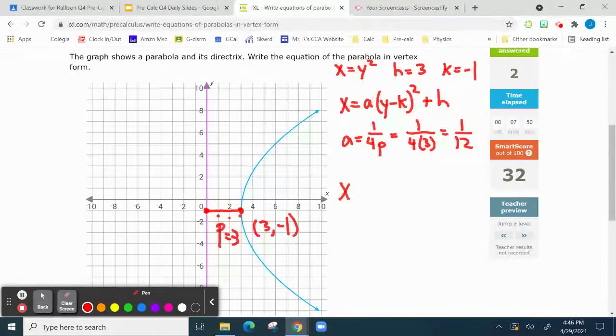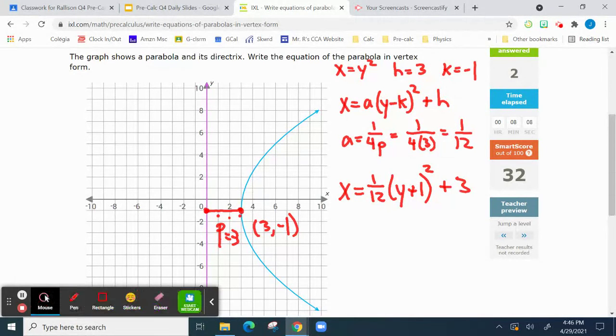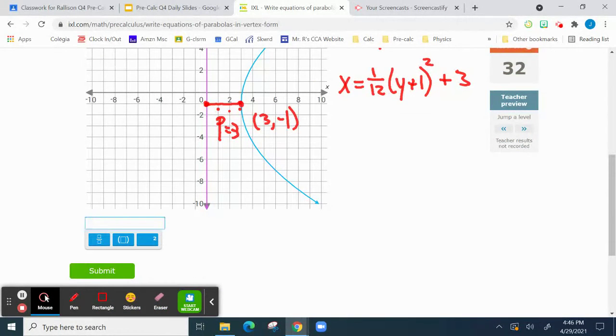Now we just got to write it. x equals 1/12 y minus, what's our k, it's -1, so that's going to be a +1, because it's minus a negative, right? Squared plus 3. And that should do it for that. x equals 1/12 y plus 1 squared plus 3.